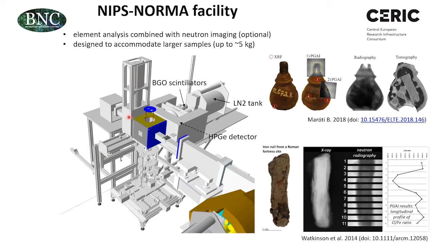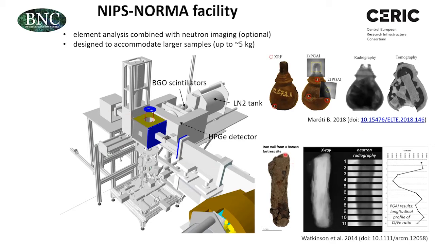This is the only facility where we can take advantage of the synergies of the two detector techniques. So we can combine imaging and local element analysis to support the exploration of the data.